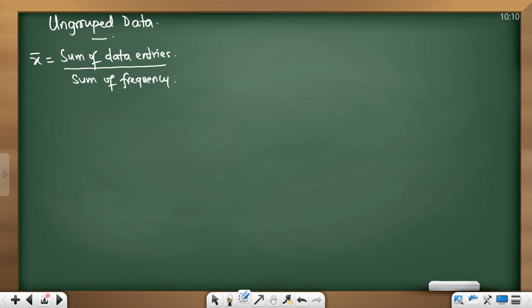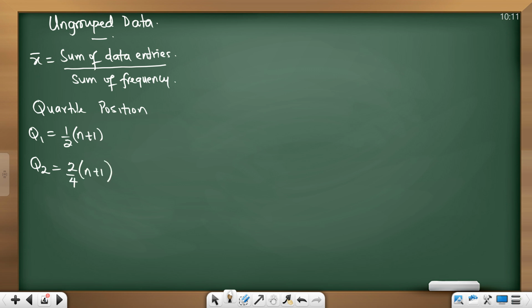Okay, let's talk about quartiles. Let's put everything under quartile positions. Q1 would be what? 1 over 4, n plus 1. 2 over 4, n plus 1. 3 over 4, n plus 1.